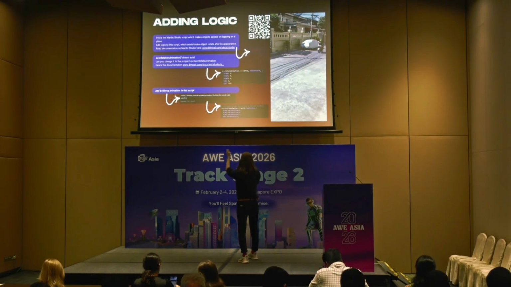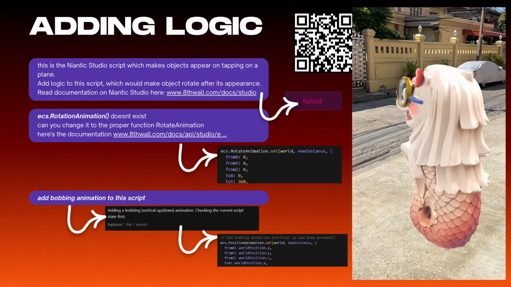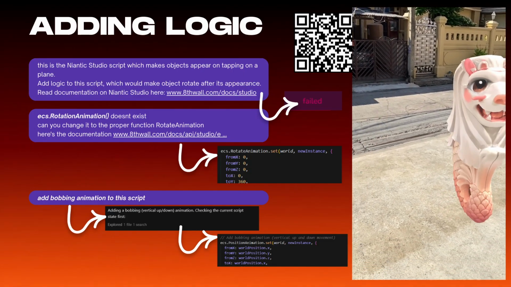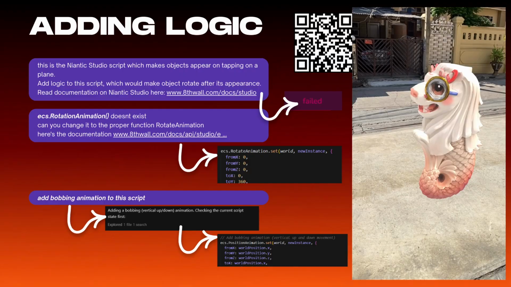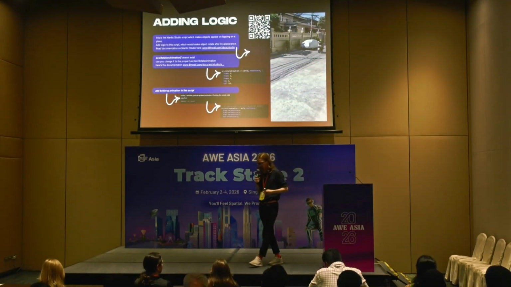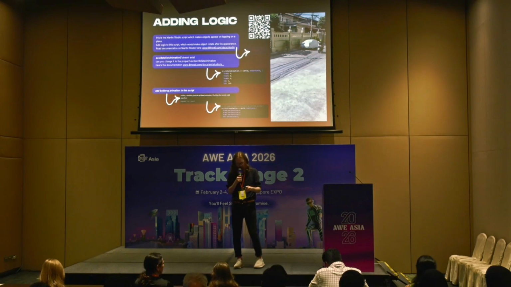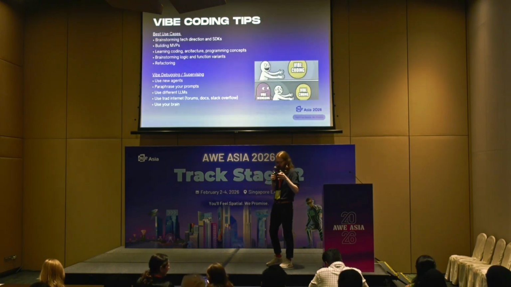When I asked it to add this type of animation to the script, it said, adding bobbing animation, vertical up and down animation. So it's really cool. It understands what you're trying to achieve, breaks it down into tasks, and writes the code for you. It's a pretty cool tool to work with, but you still need to supervise it.